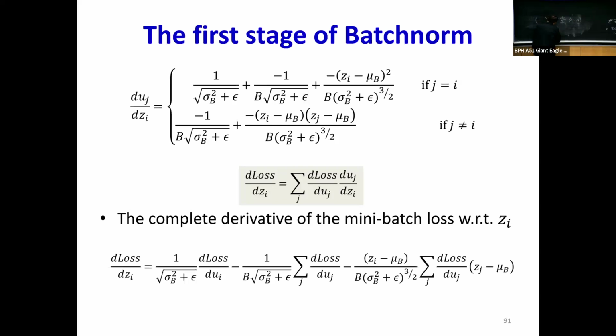So this is d loss over du times the summation of zj minus mu, right? And there's some additional stuff outside. What is this summation here? 0. So what does the third term become? 0. So what happens to this derivative if the entire mini batch is identical? Guys, can everybody say this aloud? What is the final value of the derivative if the mini batch only has the same instance repeated over and over? 0. Thank you, right?